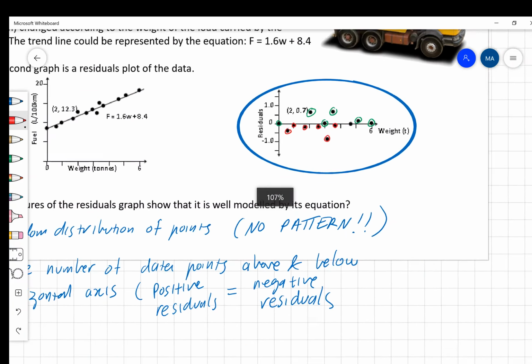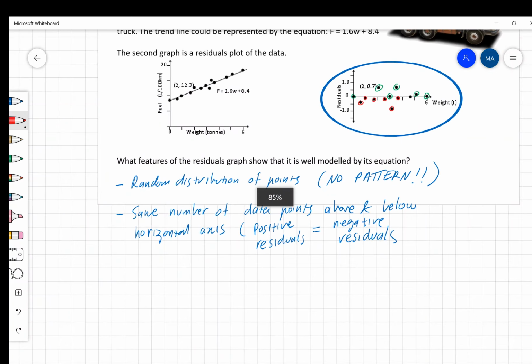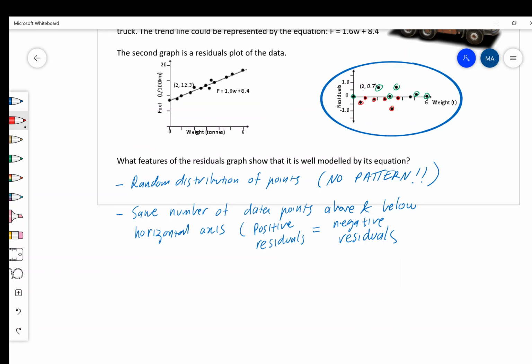Now, the next thing we're looking for is an even horizontal band. I'll explain what that means when we look further at this residual plot above.